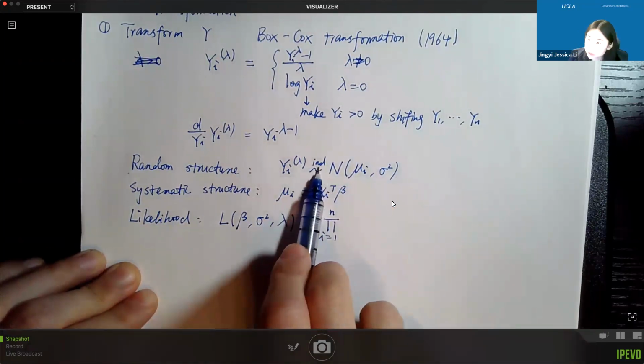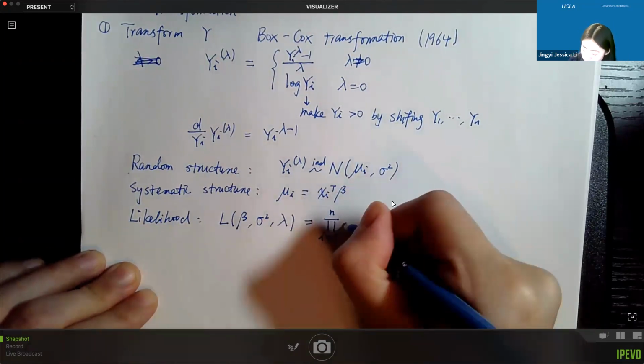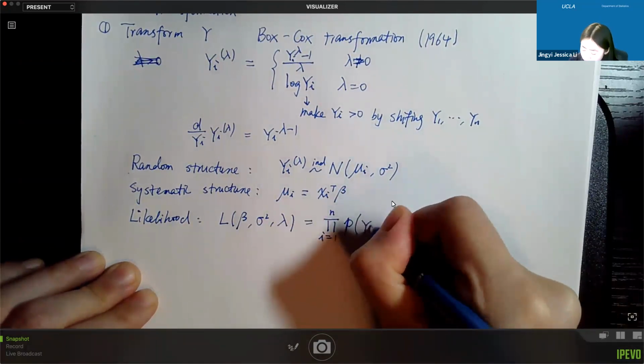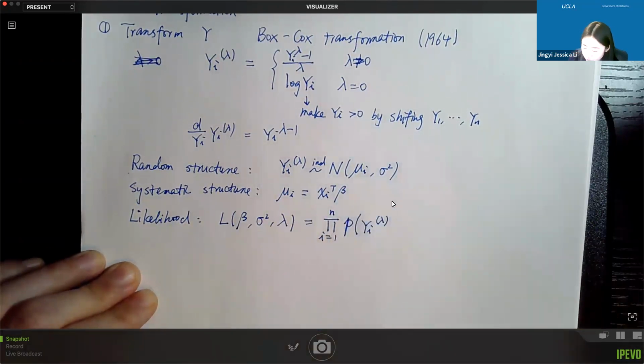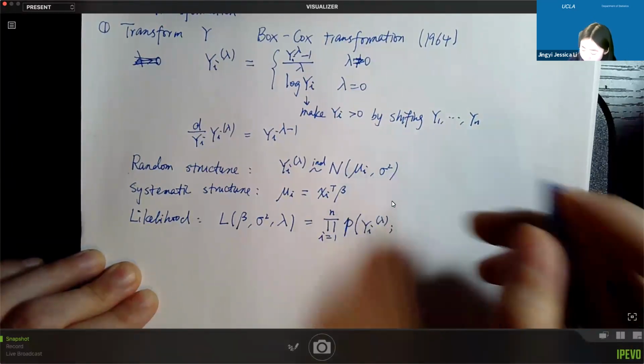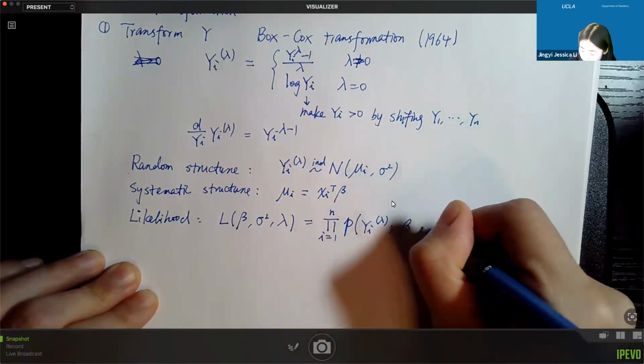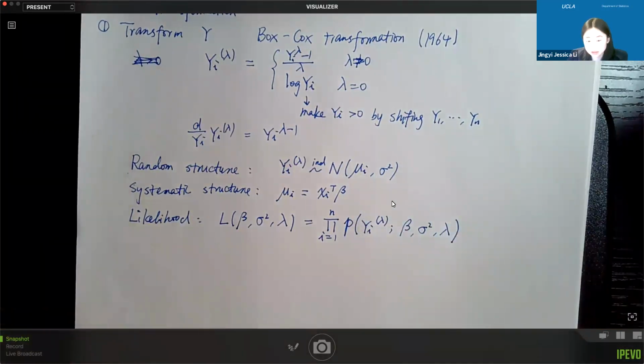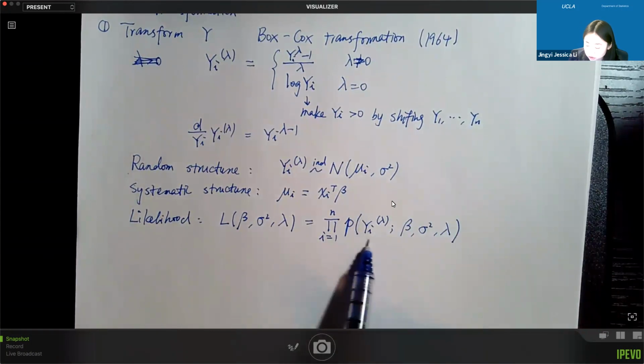This is thanks to the independence of the density function of my yi to my yi transform lambda given these parameters beta, sigma squared, lambda. Okay, so that's it. So this is the density function based on yi lambda.